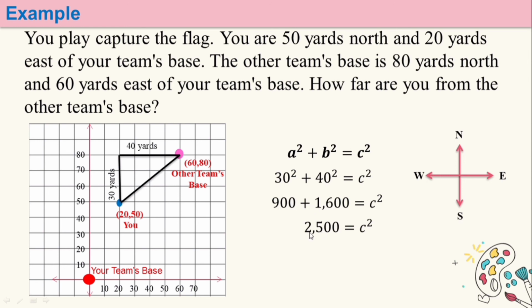That's 2500. Then we square root both sides. The square root of 2500 is 50, so c equals 50, and we need units, so 50 yards. The question is asking us how far are you from the other team's base? You are 50 yards away.